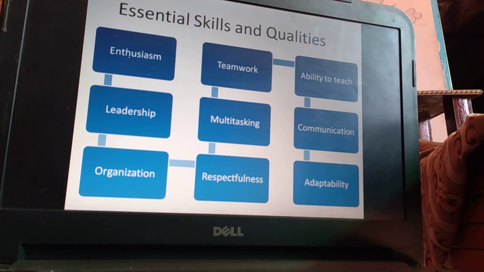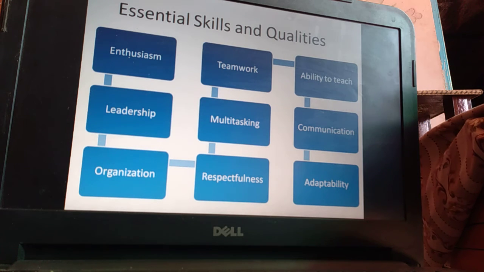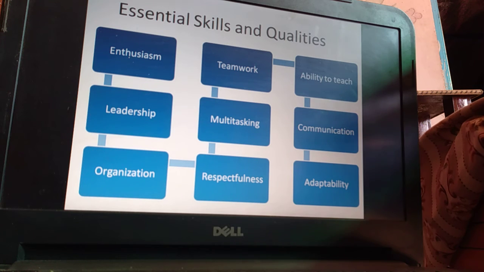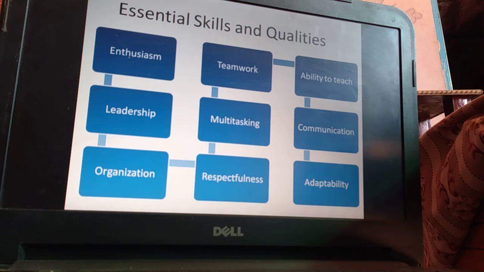There are many essential skills and qualities you must possess as a teacher. One of these qualities is enthusiasm. As a teacher, you have to have enthusiasm, and you have to have leadership, organization, respectfulness, multitasking, teamwork, ability to teach, communication, adaptability.